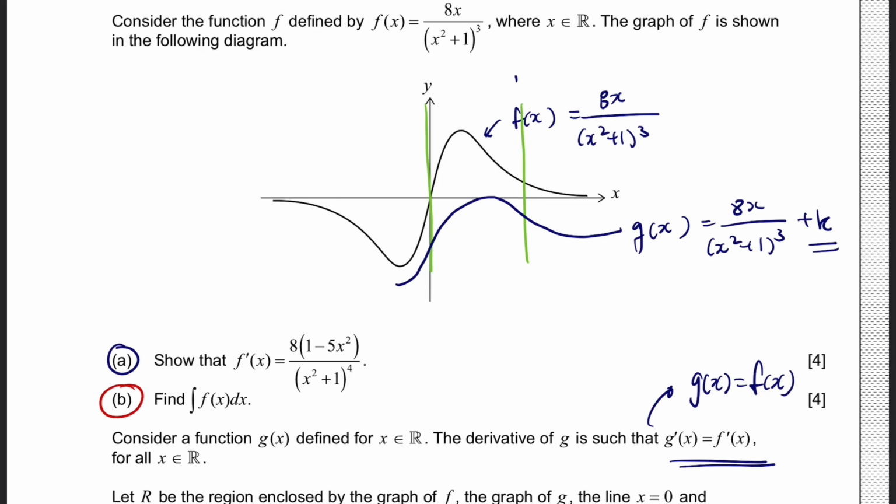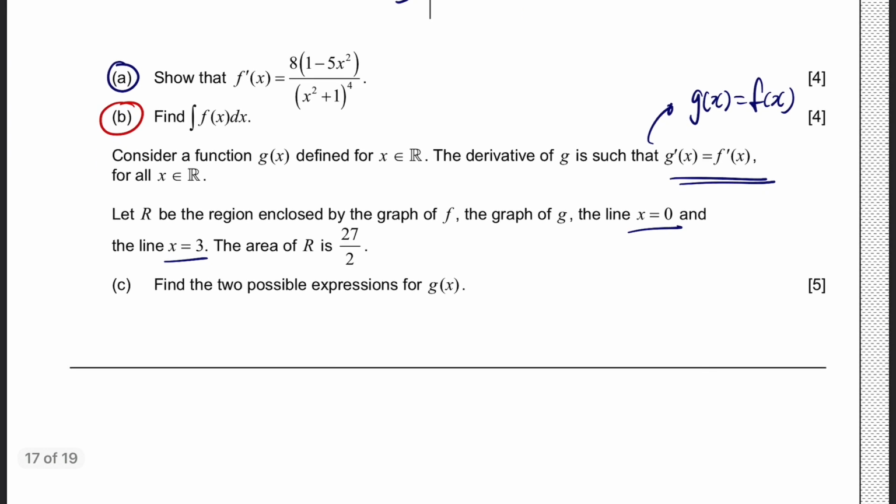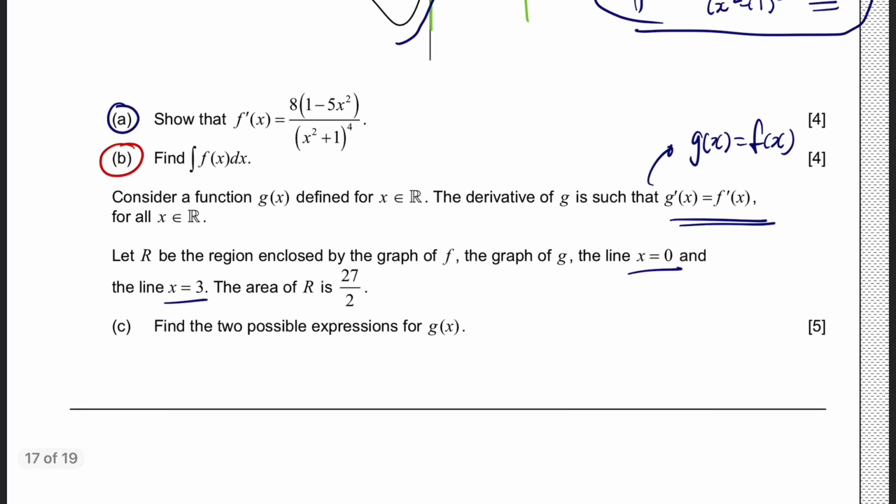Okay, then we need to find the two possible expressions for the function g of x, right? We know that the equation might look like this, but since we're not sure about the k value, we're going to identify that k using the area information.